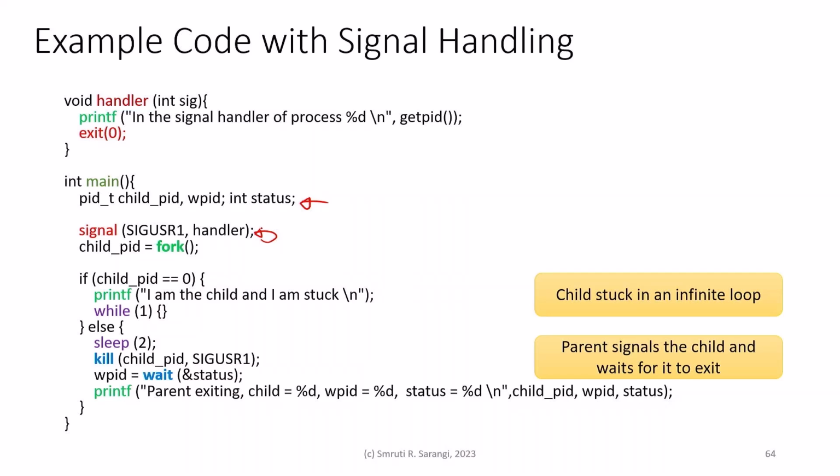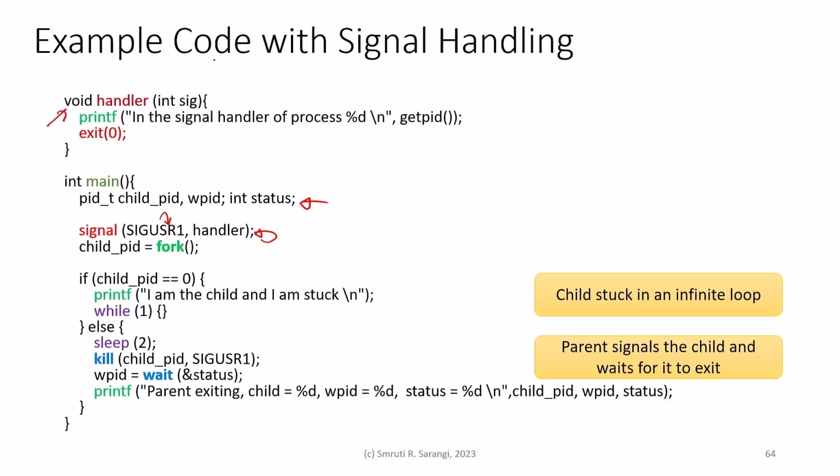Registering a signal handler basically means that we are saying that if we get SIGUSR1, which is a custom signal, not a system defined signal, but you can use it for any custom purpose, then with SIGUSR1 we are associating the function pointer handler. Essentially the application is telling the kernel that if SIGUSR1 is raised, kindly invoke the function handler in the application, in the user space. This is the function handler.